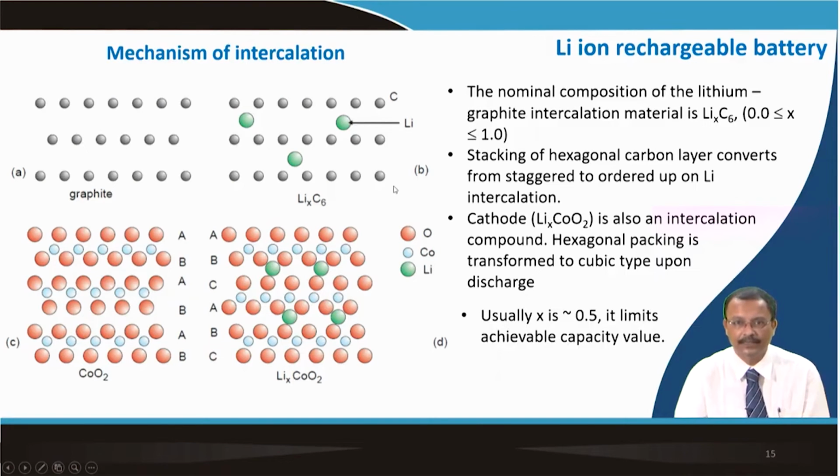So, that takes place, and the cathode is actually lithium cobalt oxide, which is also an intercalation compound, having a layer structure, and hexagonal packing is transformed into the cubic type upon discharge.